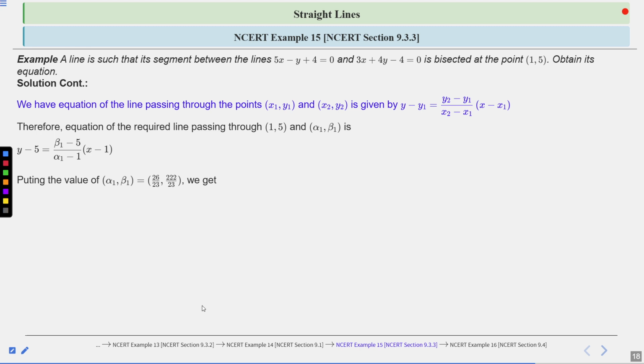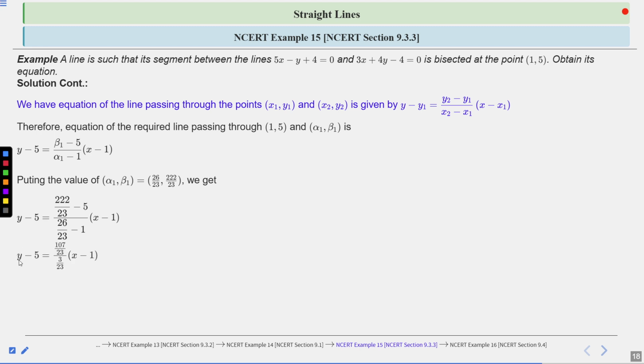So now we get y minus 5 equal to (222 divided over 23 minus 5) divided over (26 over 23 minus 1) times (x minus 1).